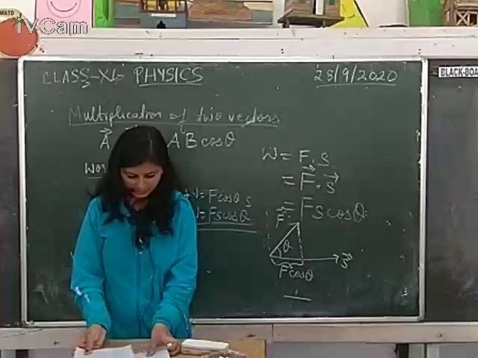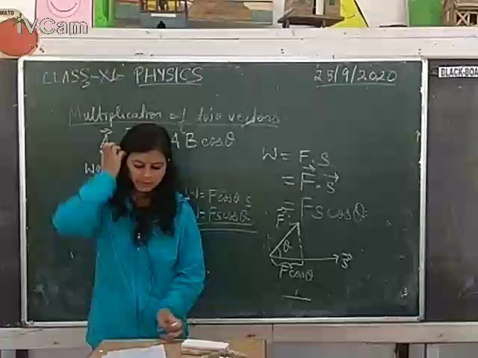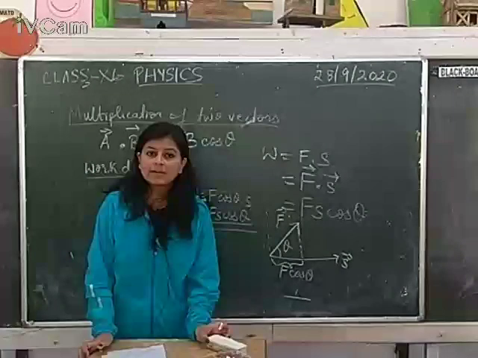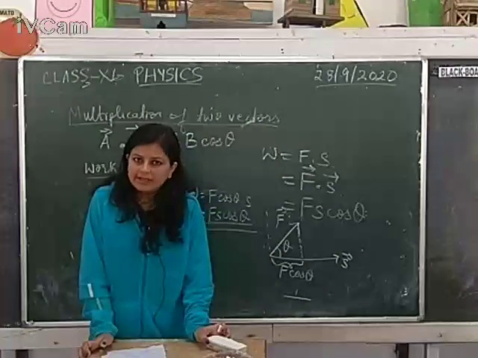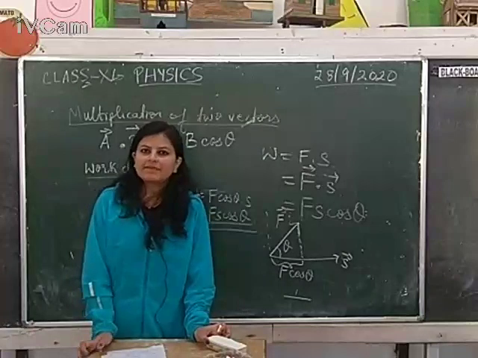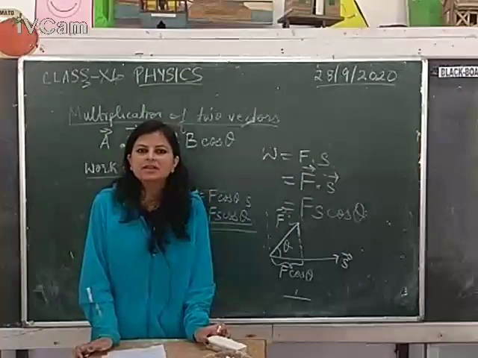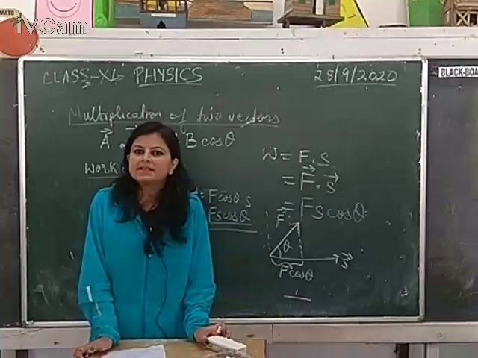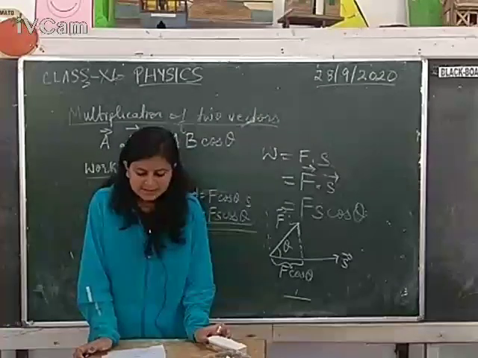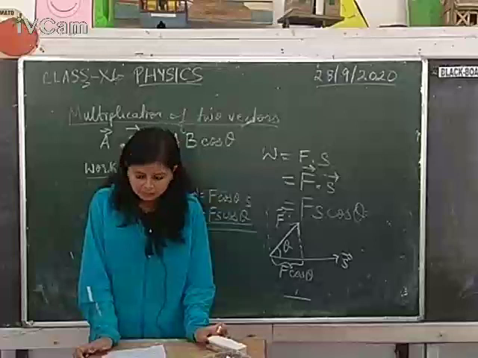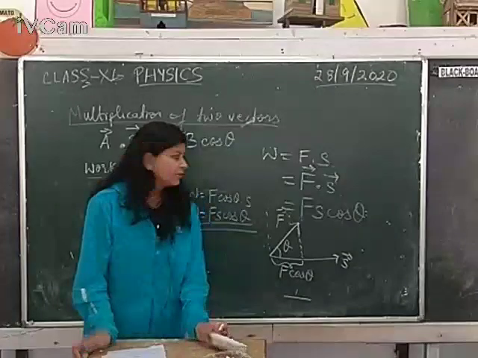Now, coming to some properties of scalar product. Scalar product of two quantities like A dot B will be equal to B dot A. It doesn't matter if you change the order of multiplication, because finally you are just getting a scalar quantity. You should not be specifying the direction. So scalar product is commutative, okay, and it is also distributive.